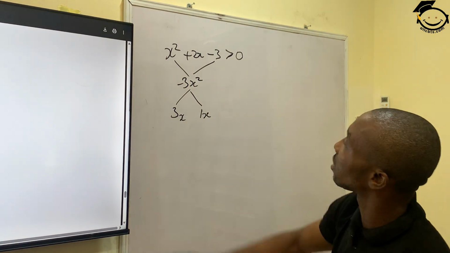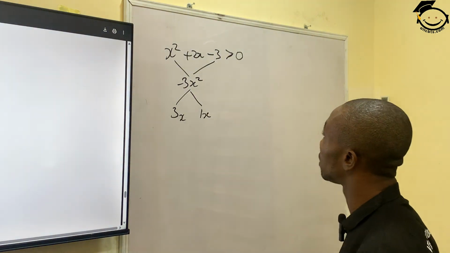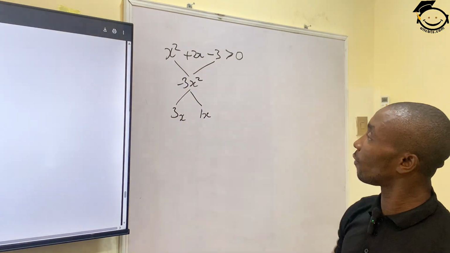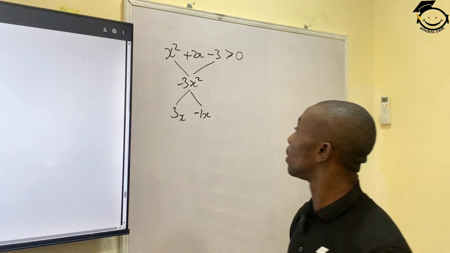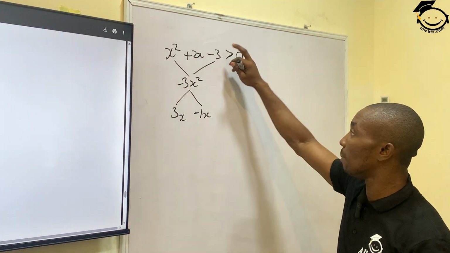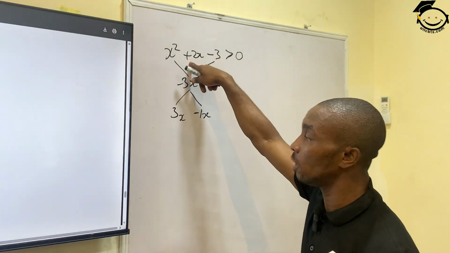Now, since this is negative, one of them has to be negative. Bear in mind that this is positive. So if one of them has to be negative, that means the smaller one will be negative, because minus 1 times 3 will give you minus 3. 3 minus 1 will give you a positive 2.